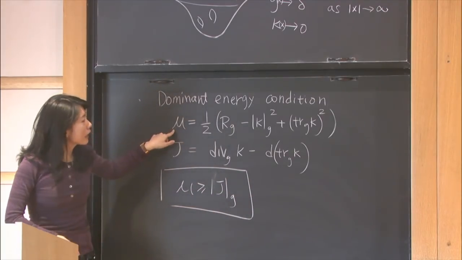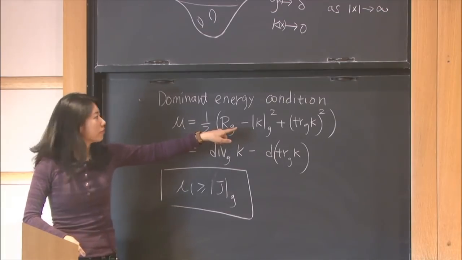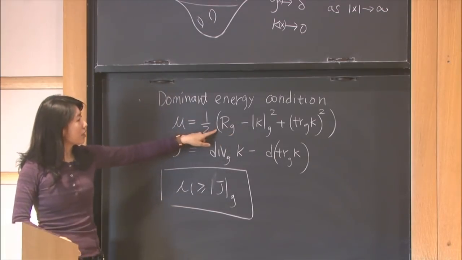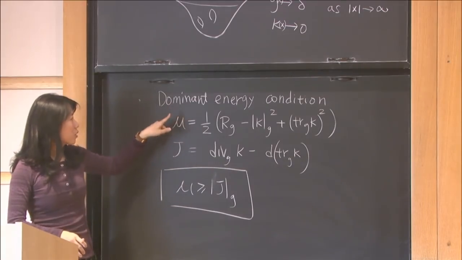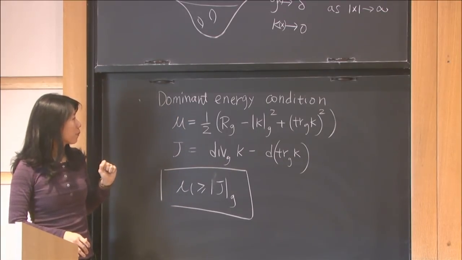So quickly look: when K is 0, mu is just half of the scalar curvature and J completely vanishes. So this relation tells you the scalar curvature is non-negative.